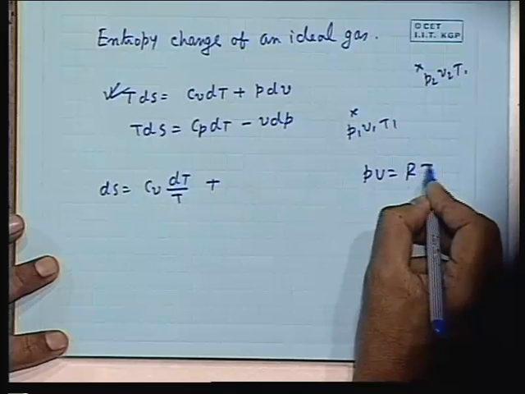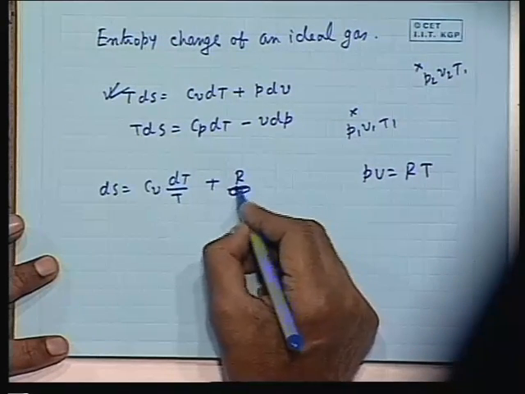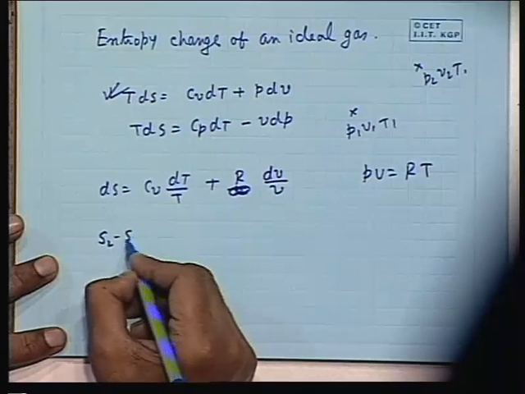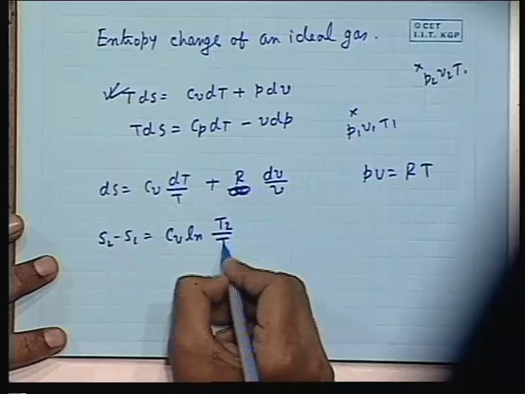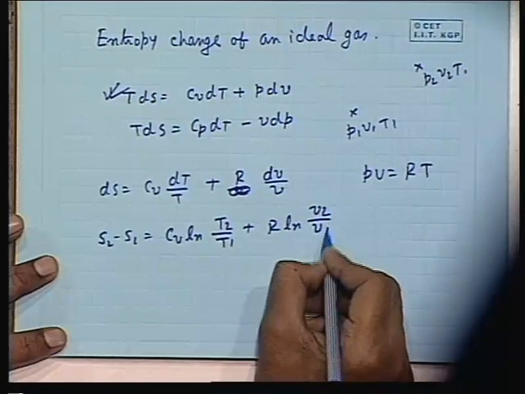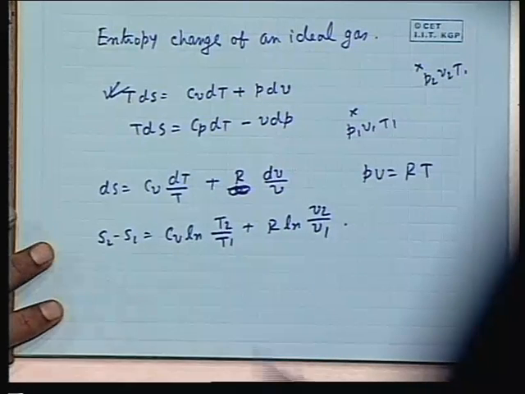PV is equal to RT, so P by T is R by V, so R dV by V. Therefore S2 minus S1 is Cv ln T2 by T1 plus R ln V2 by V1. Any question? All right. Very simple, school level.